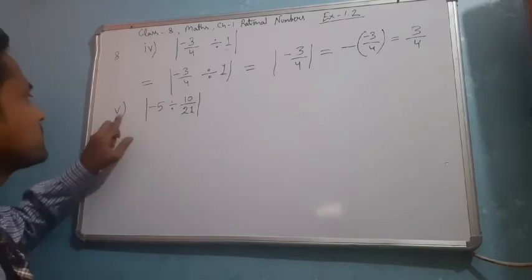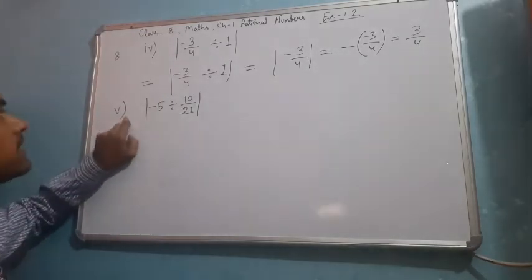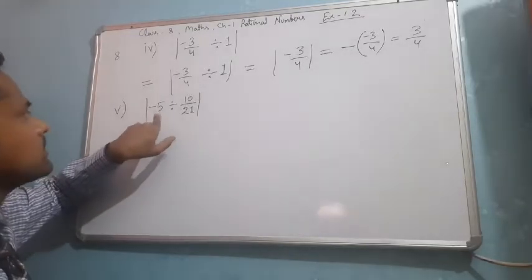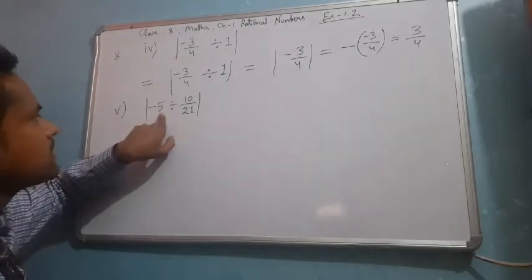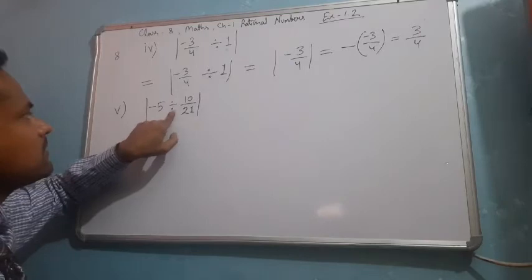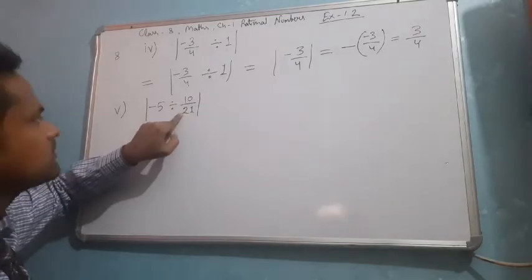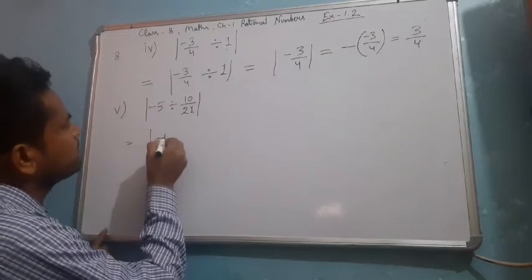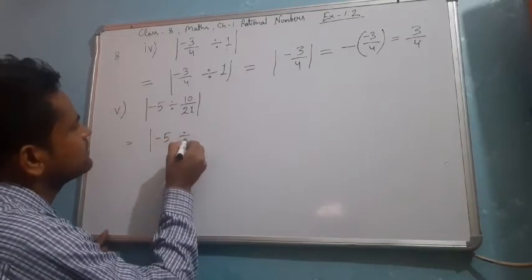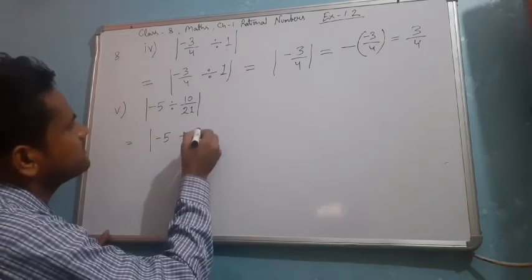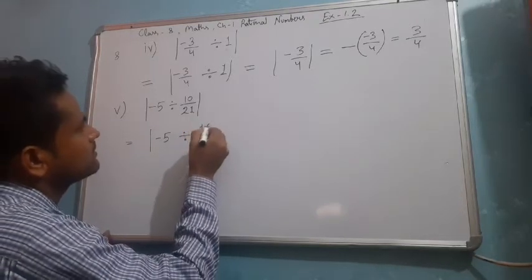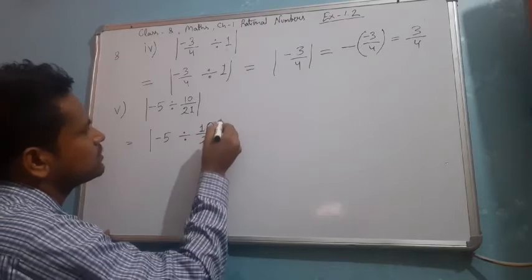Now question number 5th. It is given that in mod, minus 5 divided by 10 upon 21.